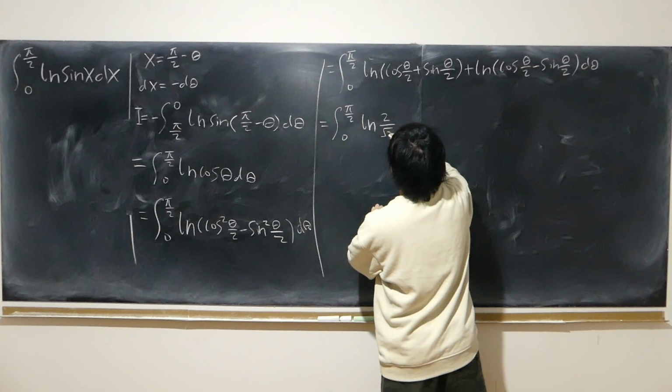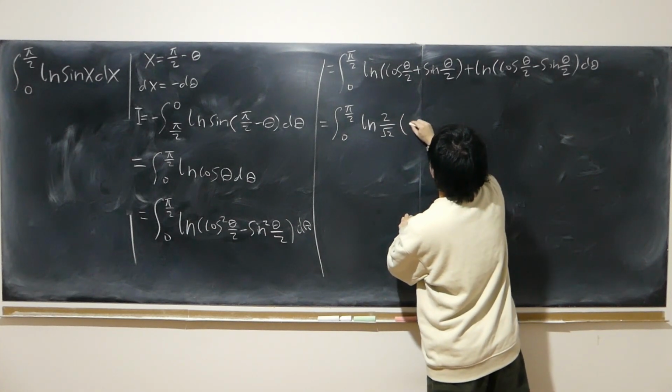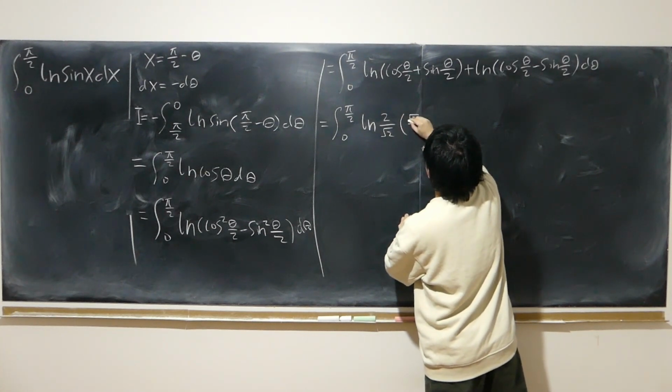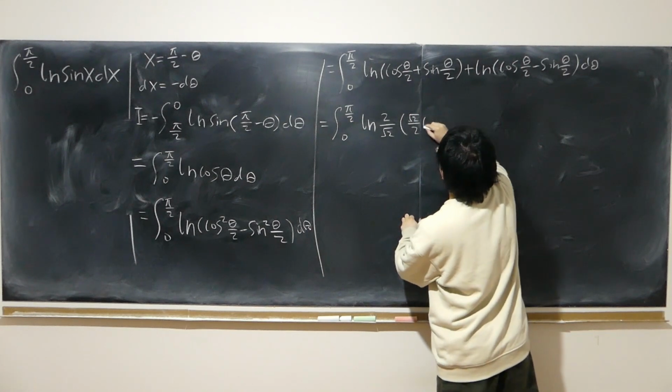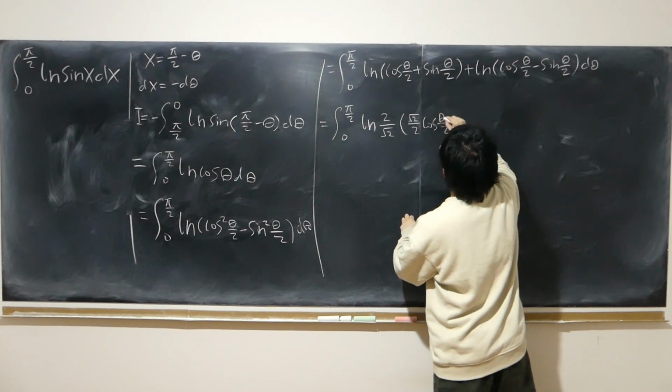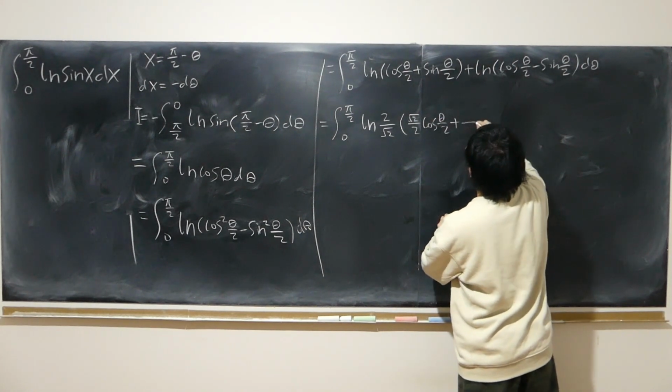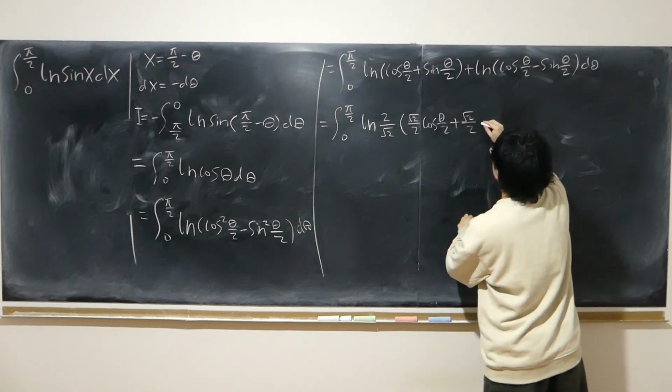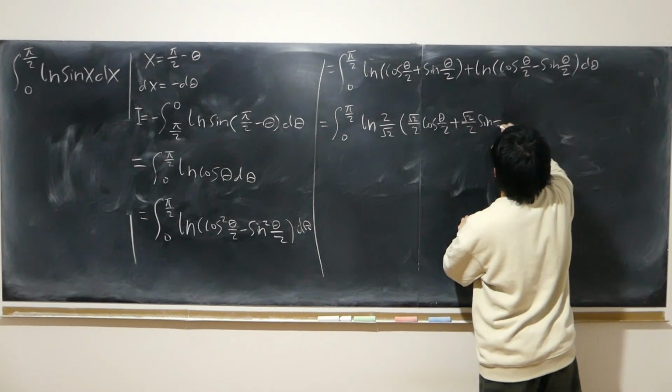2 over square root of 2 times square root of 2 over 2 times cosine plus half of square root of 2 times sine.